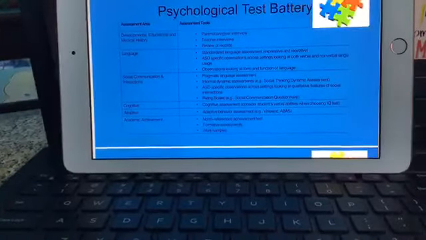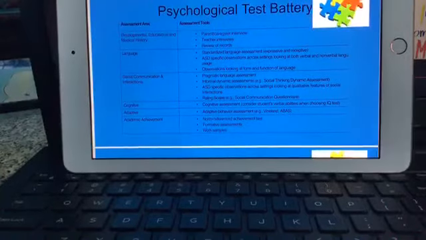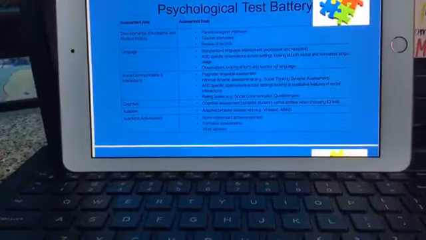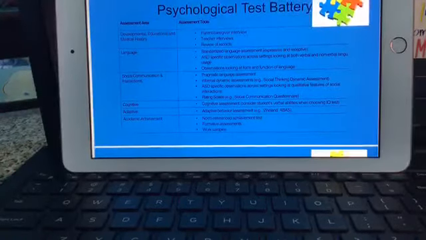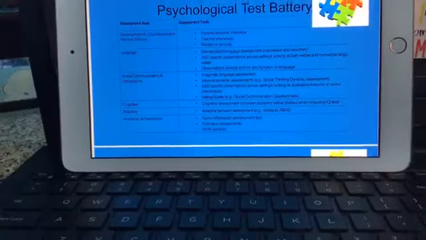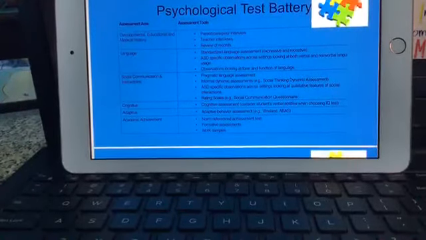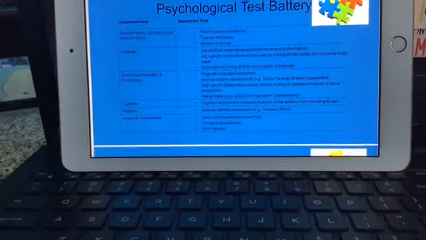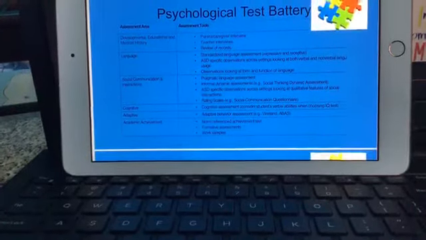Adaptive skill is also important. Adaptive skill focuses on how this child adapts to his or her environment. How does this child request? How does this child take care of him or herself? When the child is emotionally distressed, how does this child function? It's important because we want the child to be able to function in his or her environment.